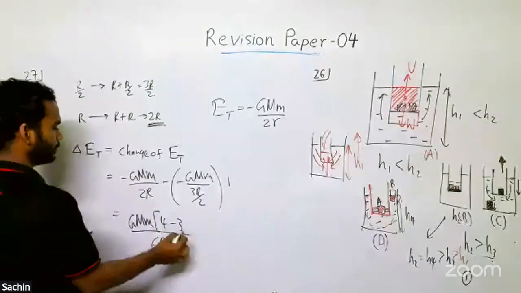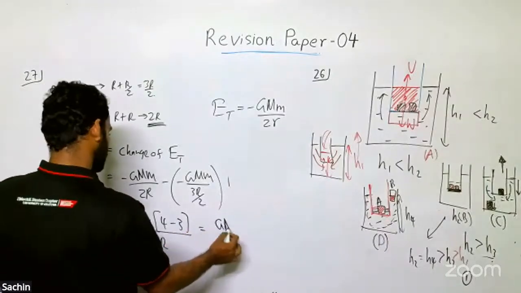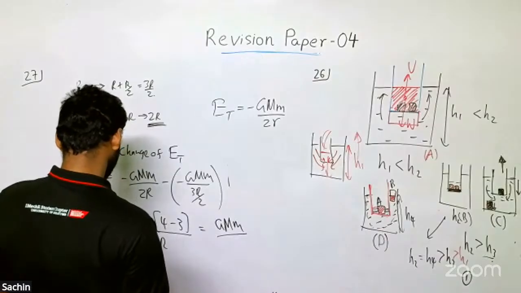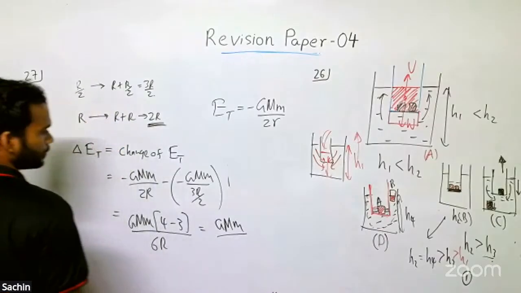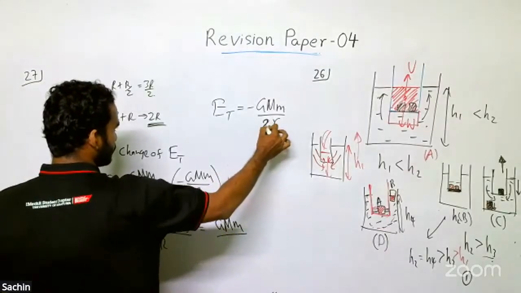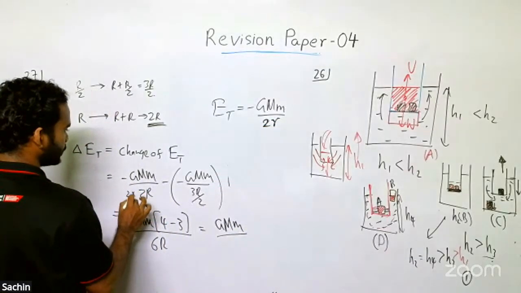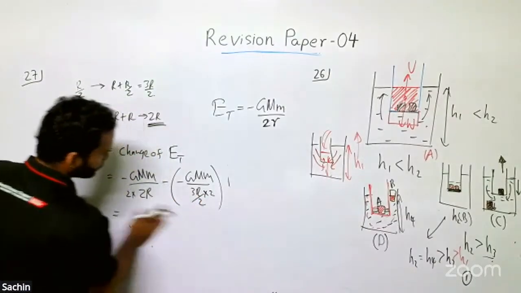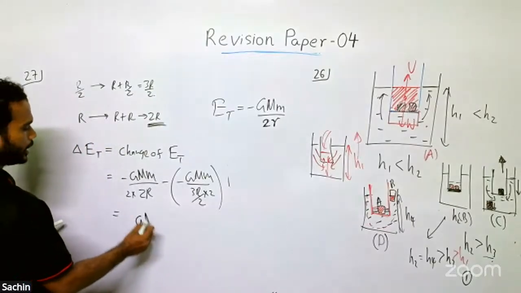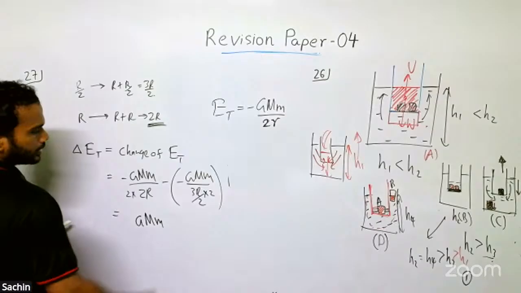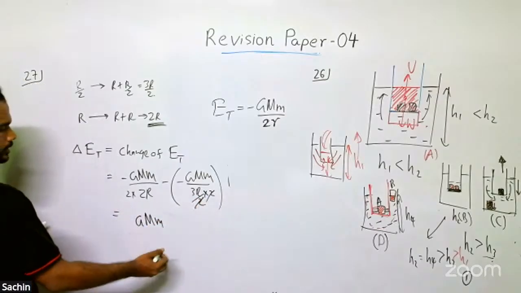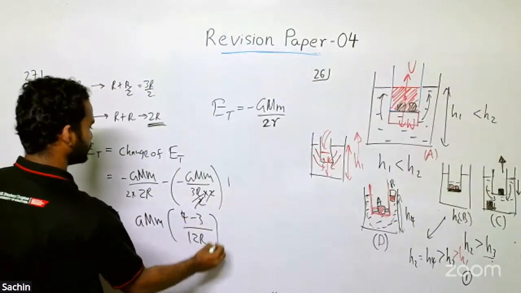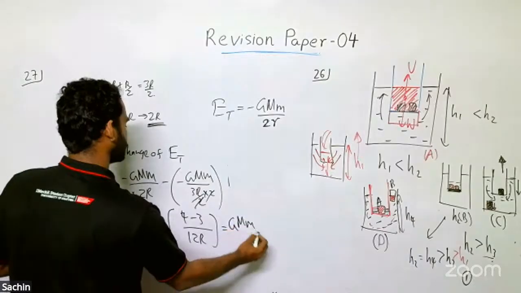There's another 2, right? Here GMm over 2R, so multiplied by 2. My mistake. So GMm is taken out. Here it is 3R, here it is 4R. So the common denominator is 12R. 4 minus 3. It is GMm over 12R.